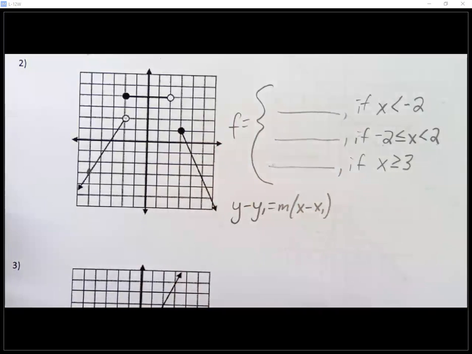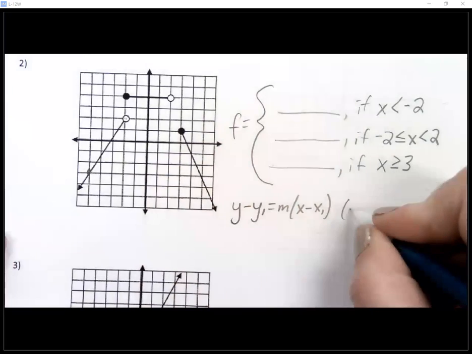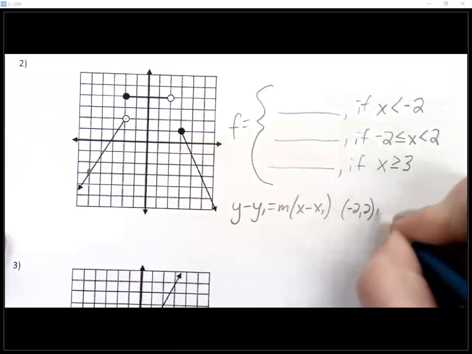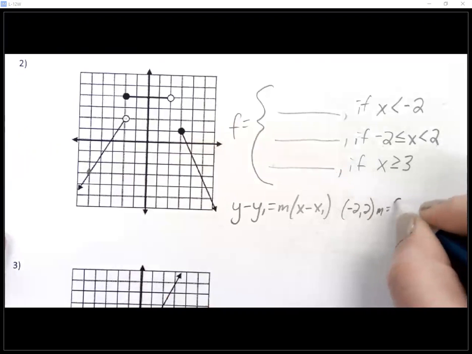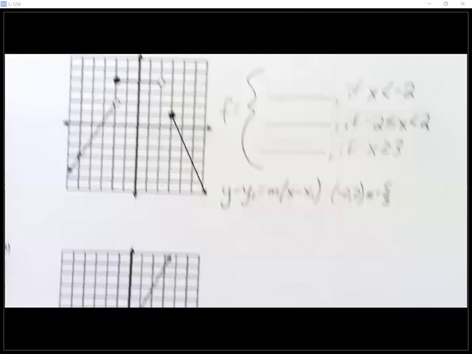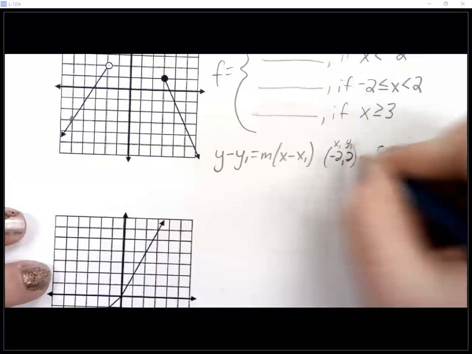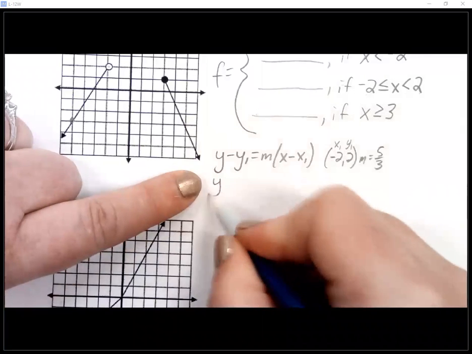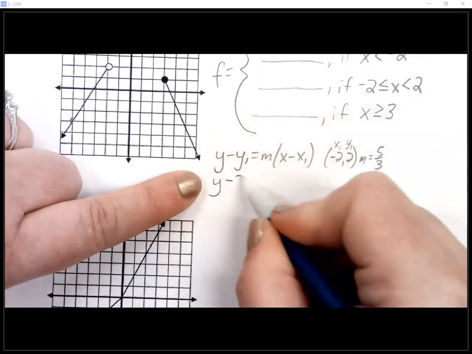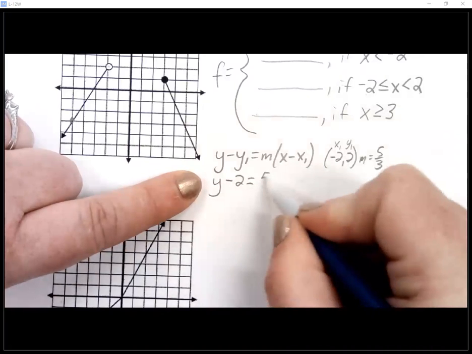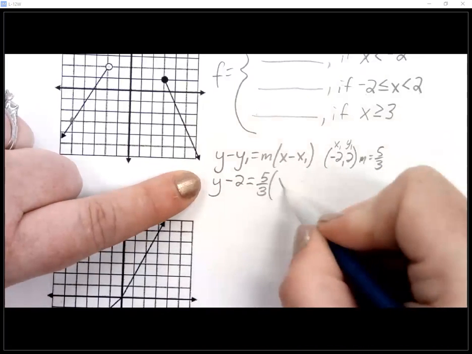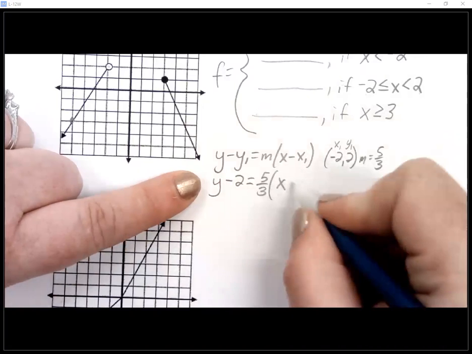So I have -2, 2, and the slope we already determined was what, 5/3? So now we just plug in all the pieces. Remember, that's x1 and that's y1. So when I plug it in, y minus 2 equals my slope is 5/3. X minus -2 now turned into a +2.